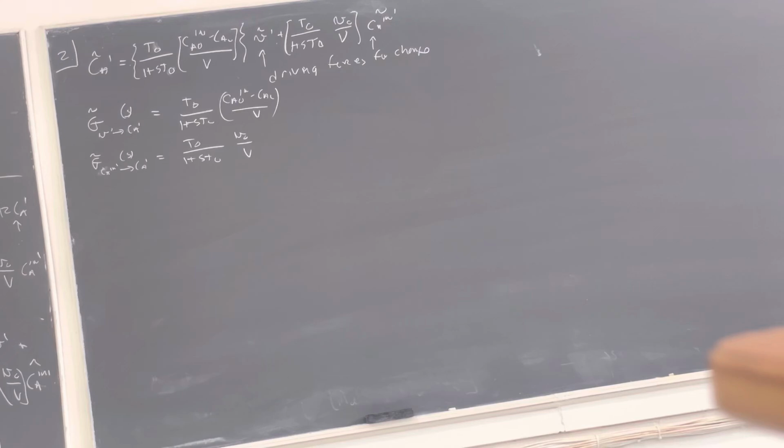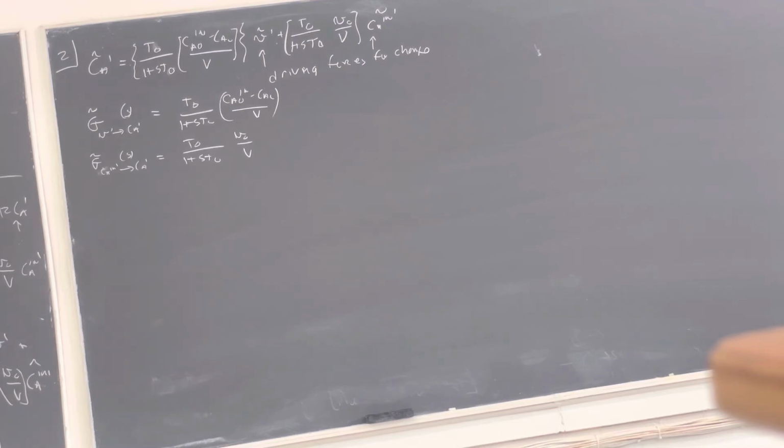Let's notice that if you remember these expressions here, CA2 prime tilde had a bunch of stuff that depended on the system, and then it had the input. Because remember the 1 plus s tau1, the 1 plus s tau2, where did that come from?